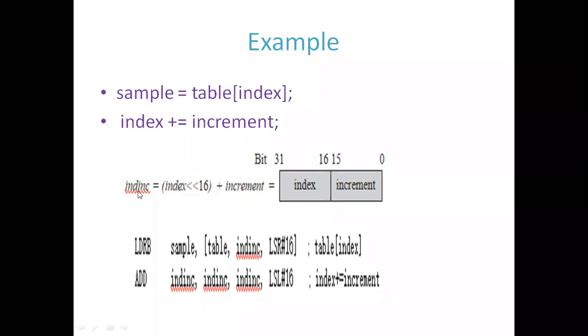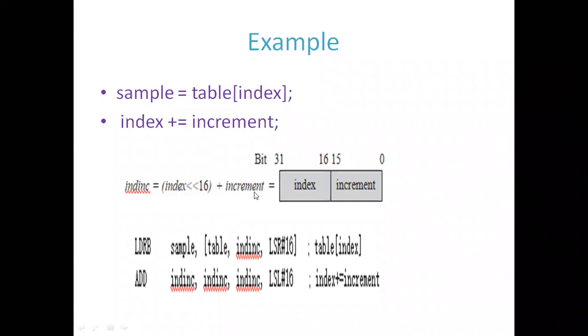That's why you have IND INC, which is left shifted by 16 bits. IND INC is pointing here, and this is going to be shifted by 16 bits. You shift it by 16 bits and you will get the beginning address of the index, and that will be considered. And how to get the increment value?